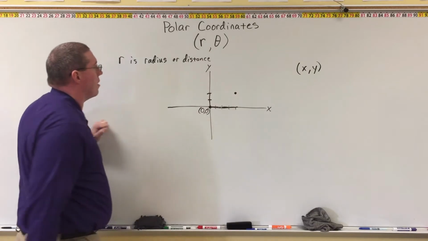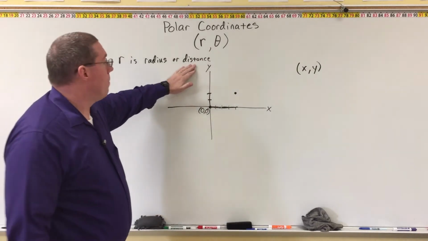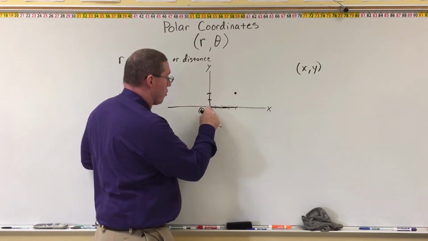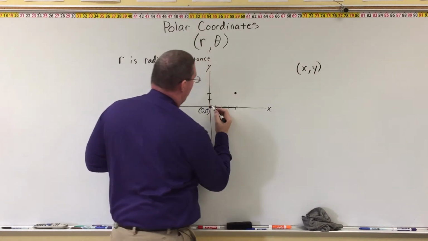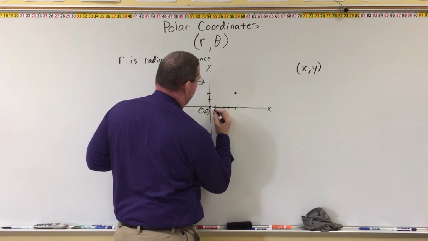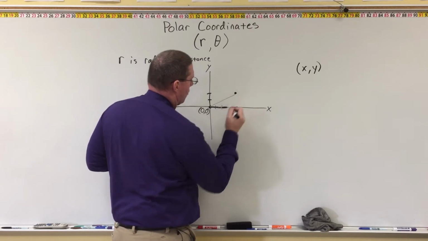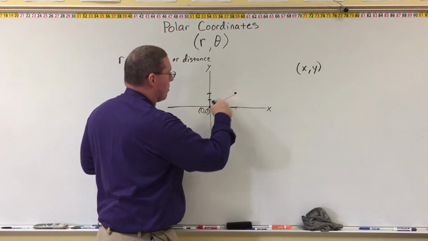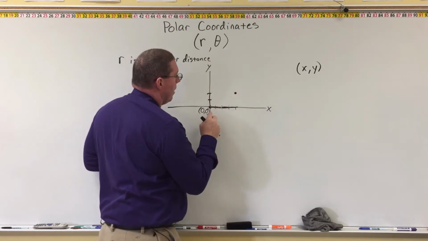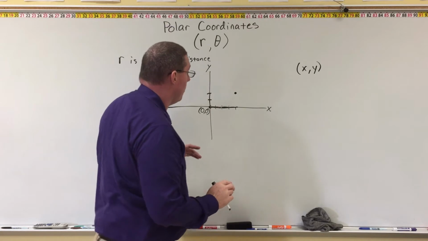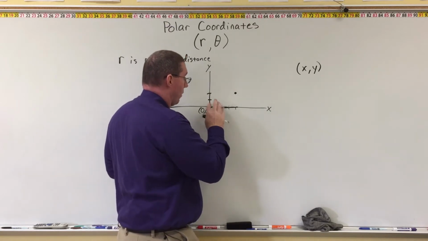So the r represents the distance away from the starting point right here, okay? So what you would put here for r would be whatever the distance is between this point and this point right here. Whatever that distance is would be the r, or radius, okay? Now, how is that different from rectangular coordinates?